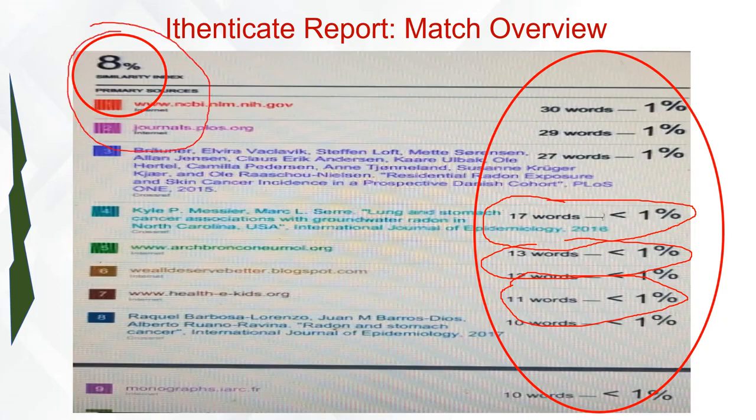If it exceeds 8% for only one source, it may be considered plagiarism, because there must be one or two paragraphs. It depends how big that article is, but then it will be plagiarized. So always ensure you check the report for how much similarity index there is per source. If it is less than 1% per source, not going beyond 8 or 10% in total, you will be fine.